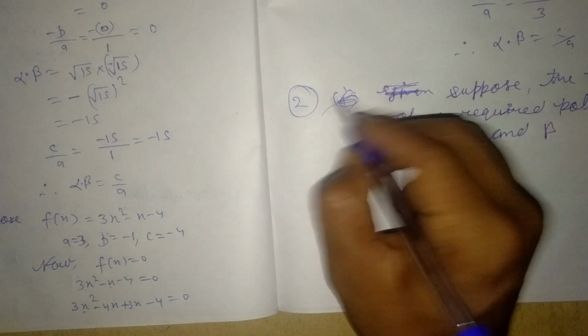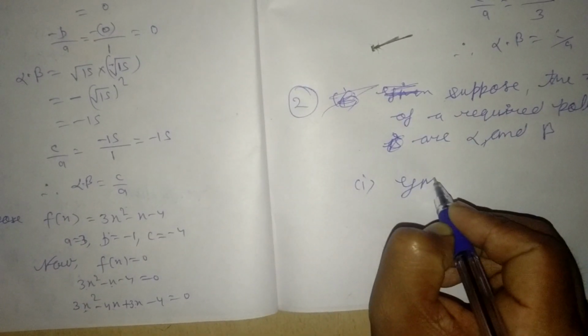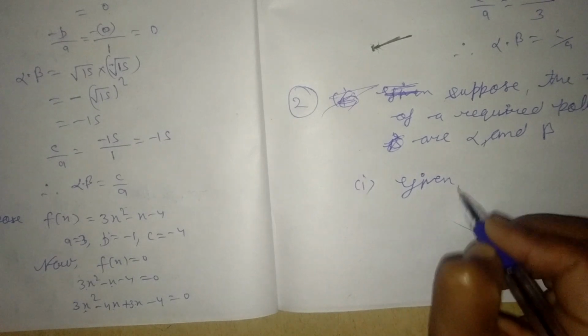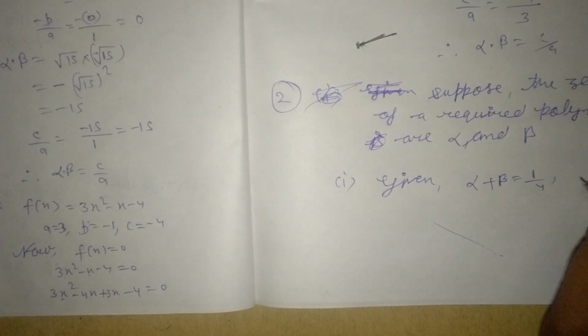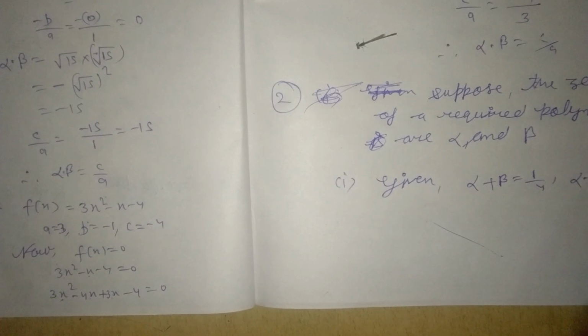In the first question, in the first line you will write: given alpha plus beta is equal to 1 upon 4, and also alpha into beta is equal to minus 1.